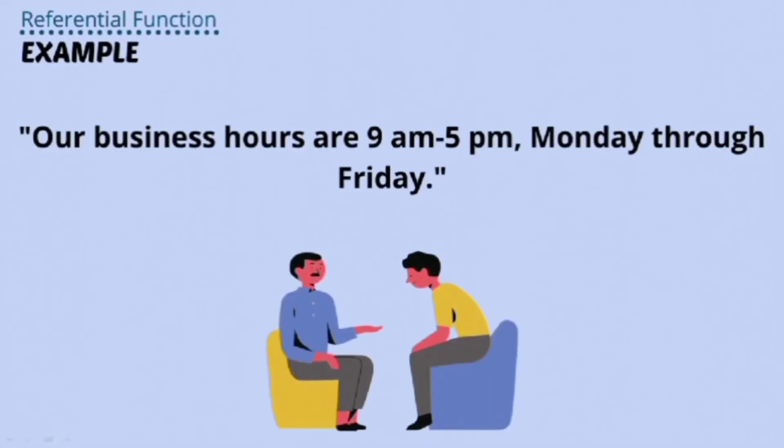So, for example, you say, "Our business hours are 9 a.m. till 5 p.m., Monday through Friday." In the example above, the message conveyed contains information on the days and hours for business services in an office. This is what is meant by conveying the context you want to convey by providing the required information.